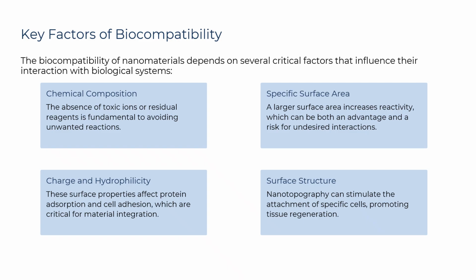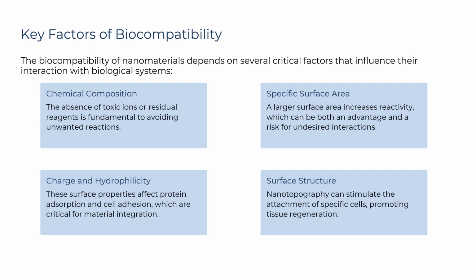Key factors of biocompatibility. Biocompatibility of nanomaterials depends on several critical factors affecting their interaction with biological systems. Chemical composition: absence of toxic ions or residual reagents is fundamental to avoid unwanted reactions.